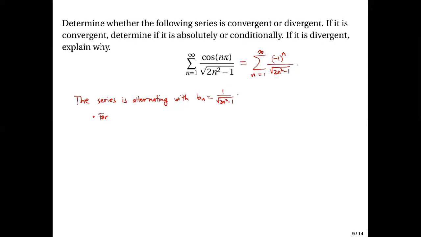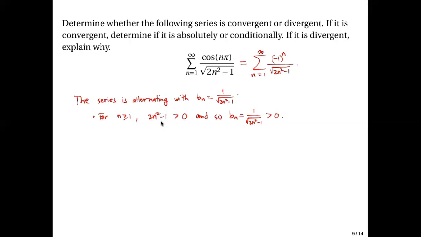For n greater than or equal to 1, 2n squared minus 1 is greater than 0. And so b sub n equals 1 over square root of 2n squared minus 1 is also greater than 0.